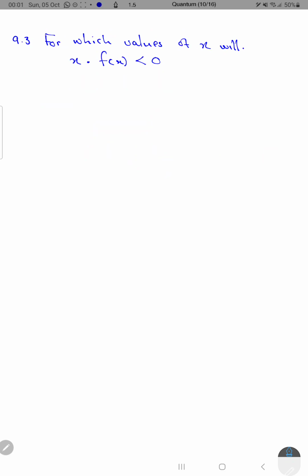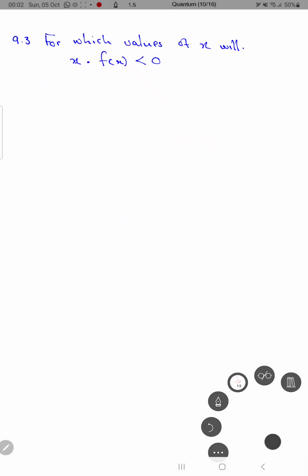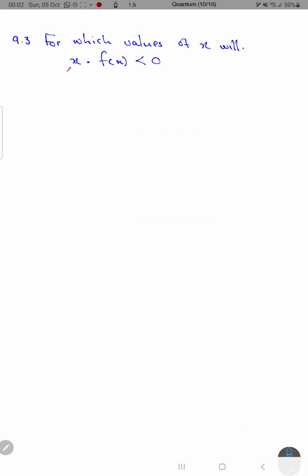9.3 says, for which values of x will x times f prime of x be less than zero? Let me try and explain with a different color. This x here represents all values on the x-axis.